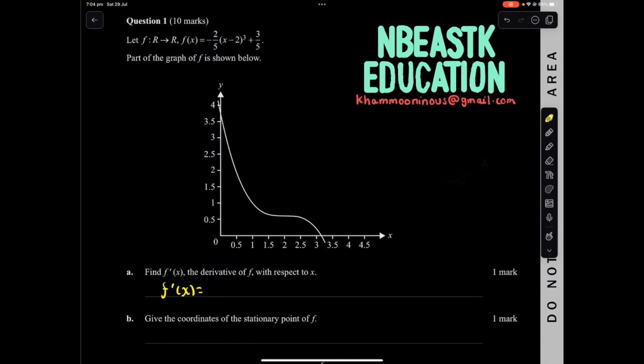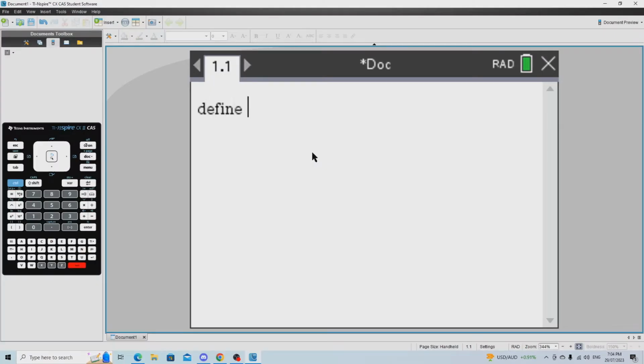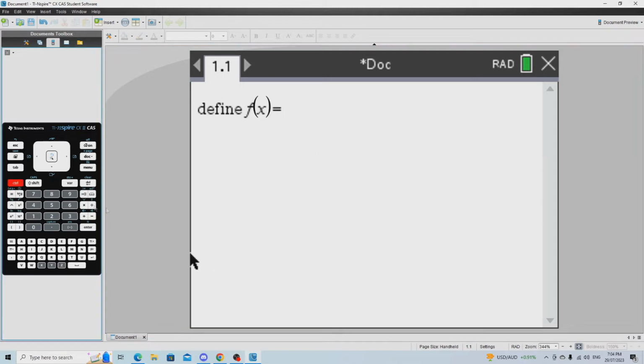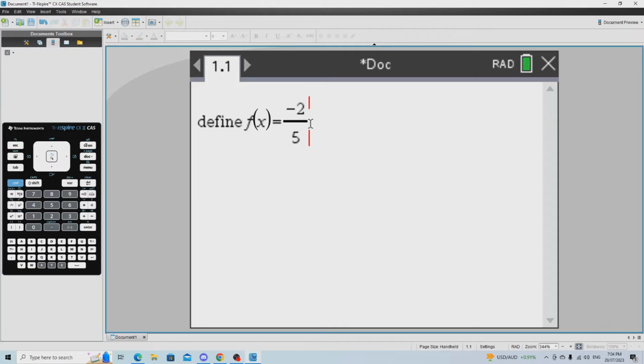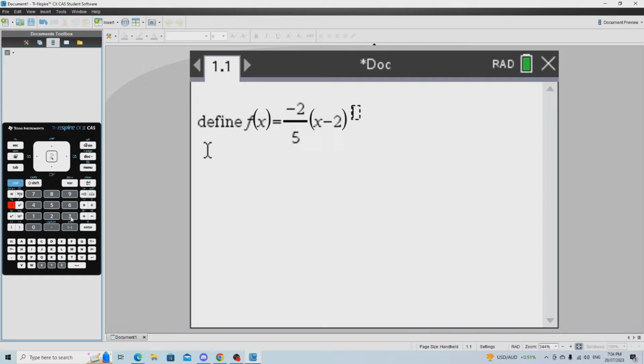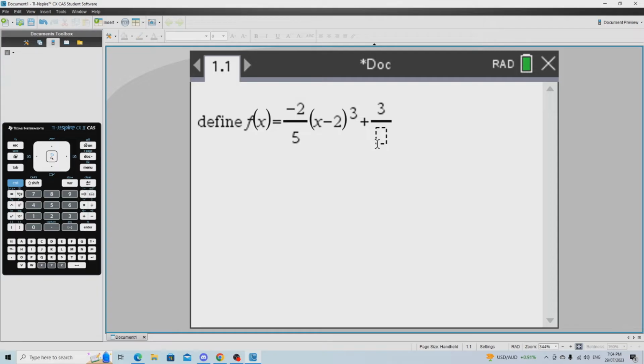So I'm going to go on my calculator and define f of x. So define f of x as negative 2 over 5 times (x minus 2) to the power of 3 plus 3 over 5.